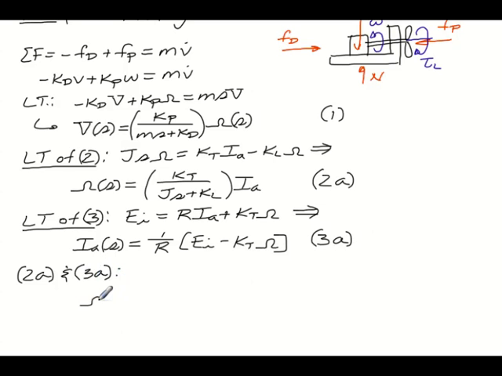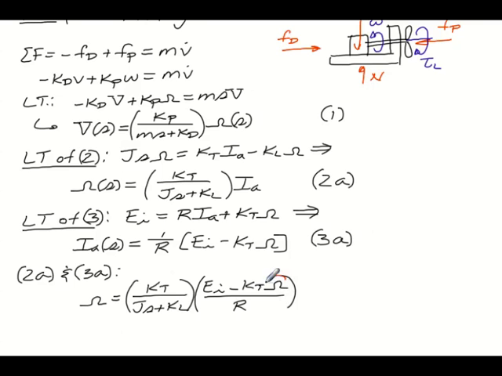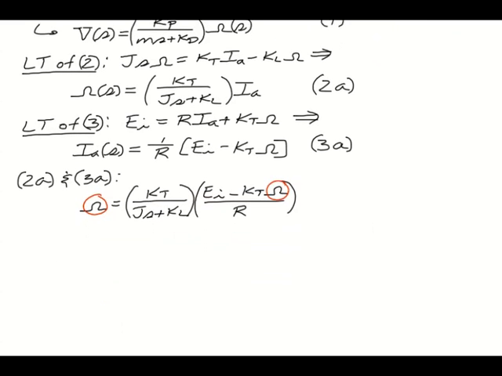2 and 3 says that omega is equal to K_T divided by J s plus K_L times I_A, so that's E_I minus K_T omega divided by R. And our goal here is to get an expression for omega. Omega is appearing here and there, so I have to bring the omegas all to the same side and solve for that.